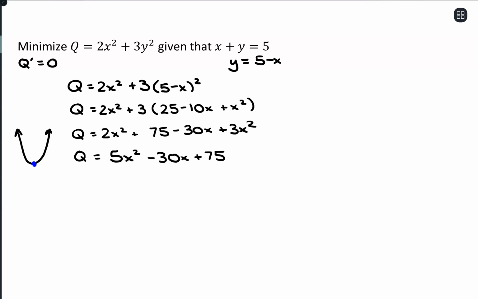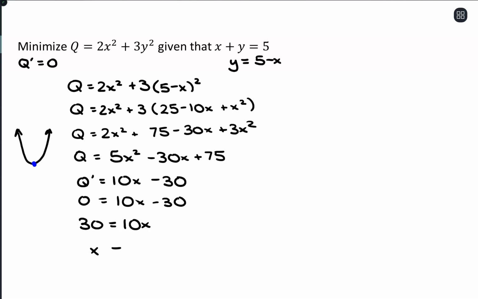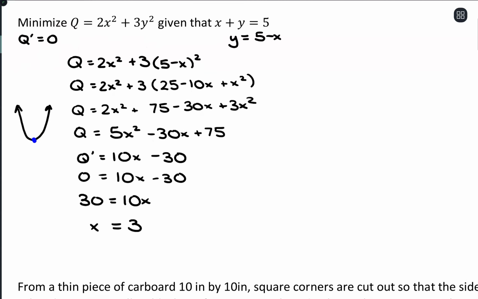So this is where we go and take the derivative. The first derivative is going to be 10x minus 30. Set that equal to 0 and solve. So 30 equals 10x, so x is going to be equal to 3. So we have our x value, then our y value is just going to be 5 minus 3, which is 2.